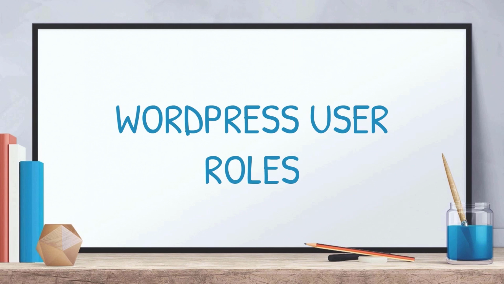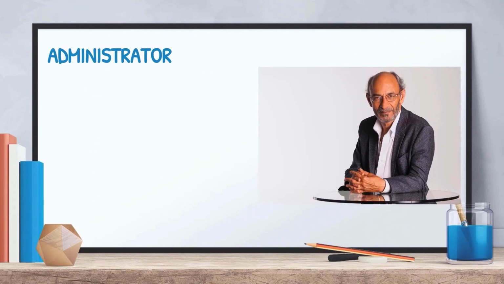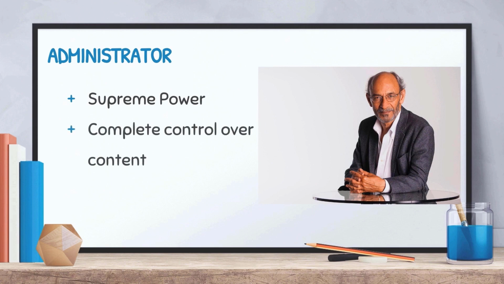And the very first one is going to be that of the administrator. As the name suggests, this is the most powerful role in WordPress, and this role grants supreme power. What I mean here is that the admin has complete control over all content. They can create new content, publish, delete, edit. They can do whatever they like with content.